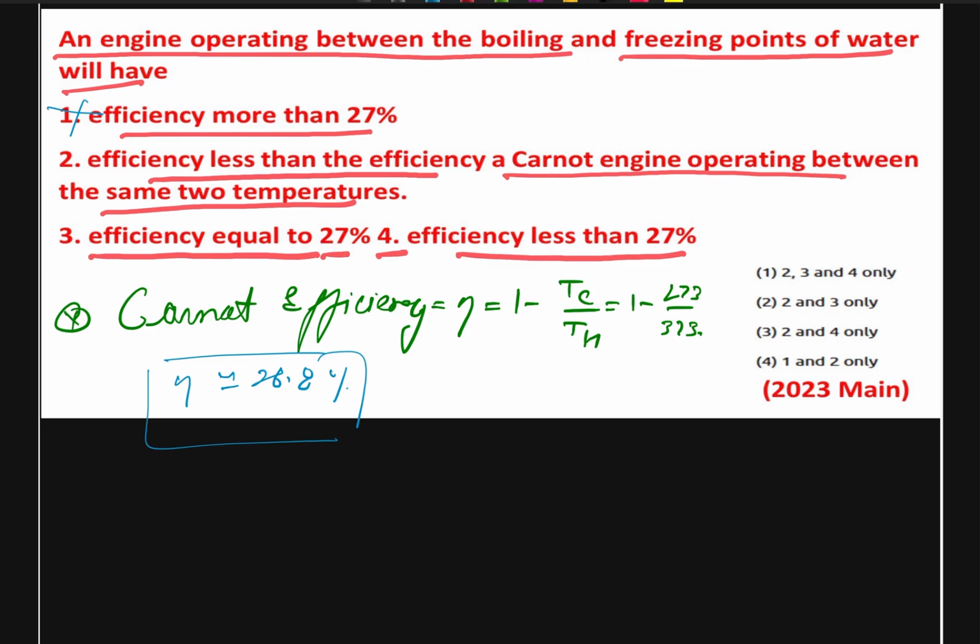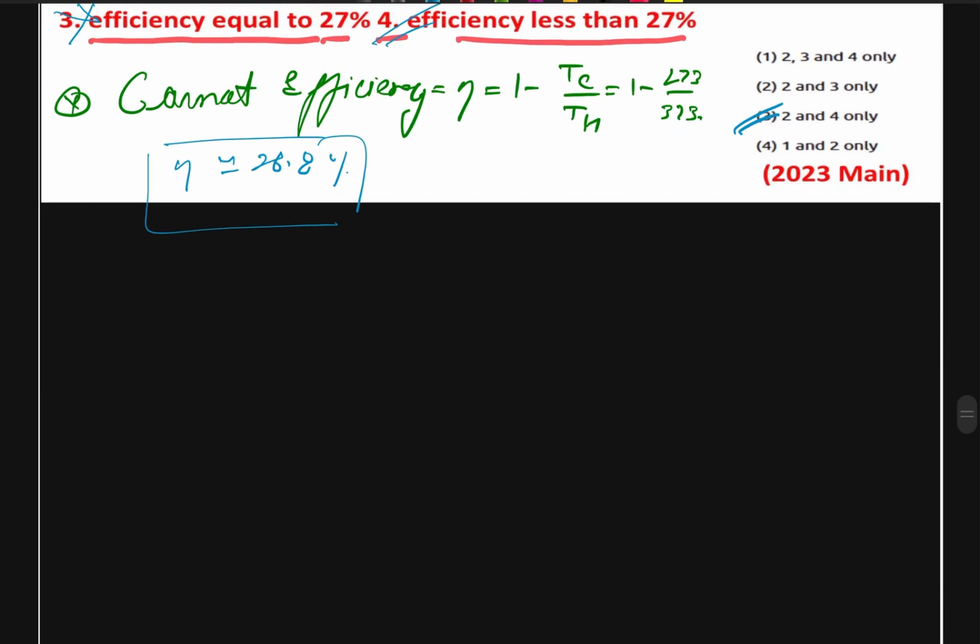So option number 2 will be correct. Efficiency is equal to 27% is also wrong, and finally efficiency is less than 27%, so this is correct. So options 2 and 4 are correct, so option 3 is correct.